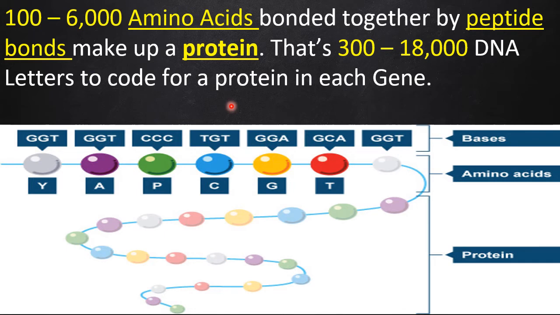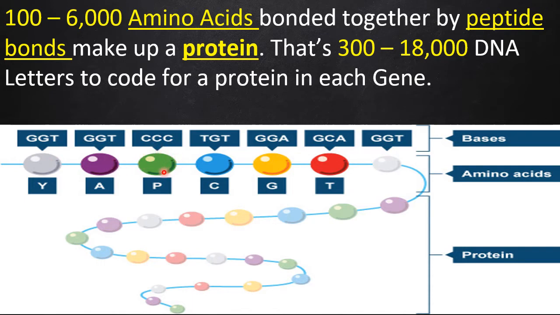100 to 6,000 amino acids bonded together by peptide bonds make up a protein. Imagine, that's 300 to 18,000 DNA letters to code for a protein in each gene. Here we could see the DNA code again. GGT coding for this amino acid, and this one.